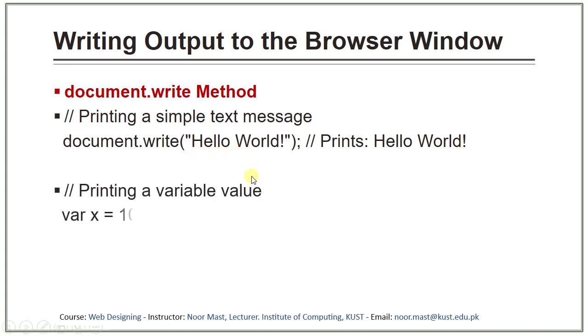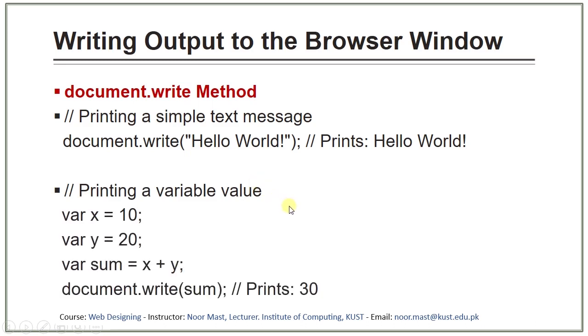And this is another example. Here we are also using the document.write method to display the value of sum in the current document. If you use the document.write method after the page has been loaded, it will overwrite all the existing content in that document.